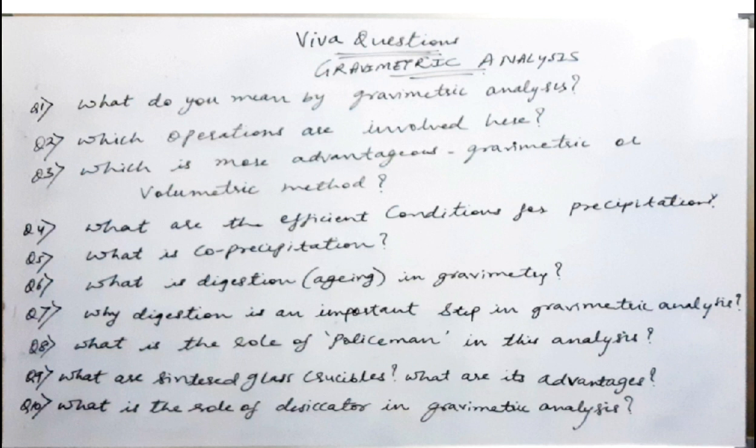Next is: what is digestion or aging in gravimetric analysis? See, generally the precipitates are not filtered off immediately after they have been formed. You must have observed this thoroughly in gravimetric analysis. You have to keep your precipitates for a certain time without disturbing them, right? So the precipitate is usually allowed to stand either at room temperature or over a flame or on a water bath, depending upon the nature of the precipitate, for a few hours.